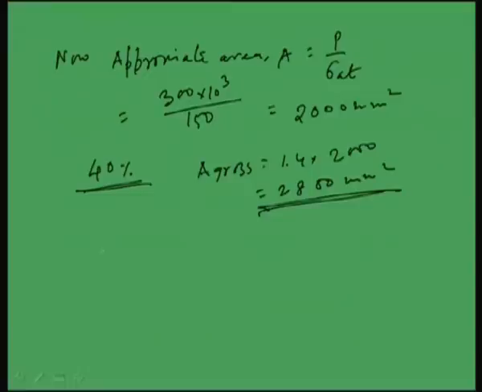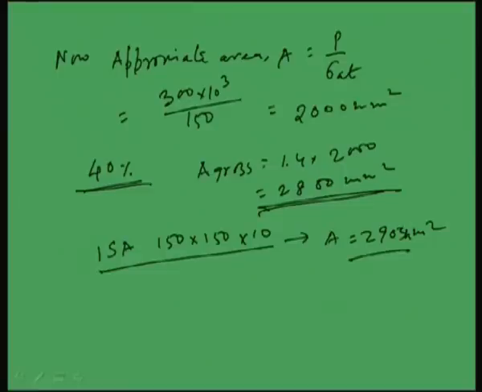Now from the handbook SP6 we can find a suitable section, say ISA 150 by 150 by 10, in which the area is 2903 millimeter square. We have to find an appropriate section in which the area will be closer to this but more than this.